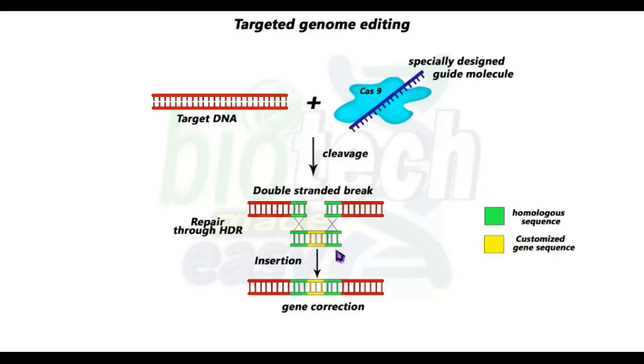And then next, the insertion of this sequence takes place and the gene is kind of corrected. So that is the genome editing. Because here we are using the gene sequence which we want to insert, and we are inserting it in the target DNA at a point where we want to insert it, that's why it is known as targeted genome editing.